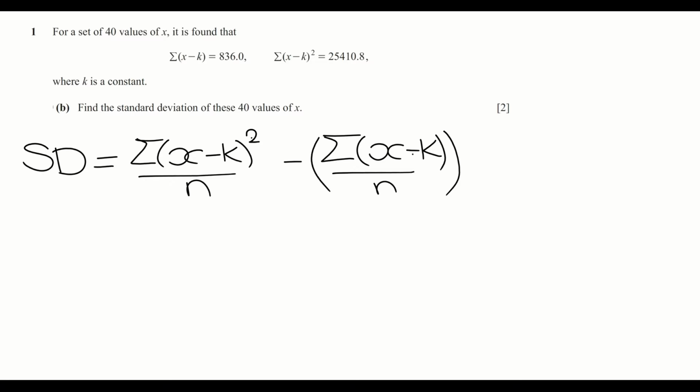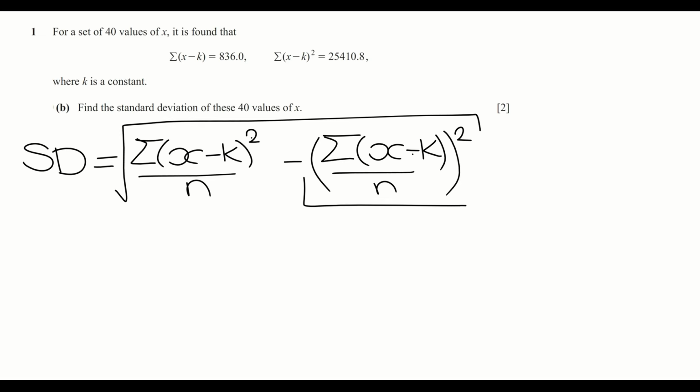So let's put this into a bracket, squared, all under a square root. Please remember that this value here is not your mean. To find this value, we use the value of our unsquared bracket and we divide by n.